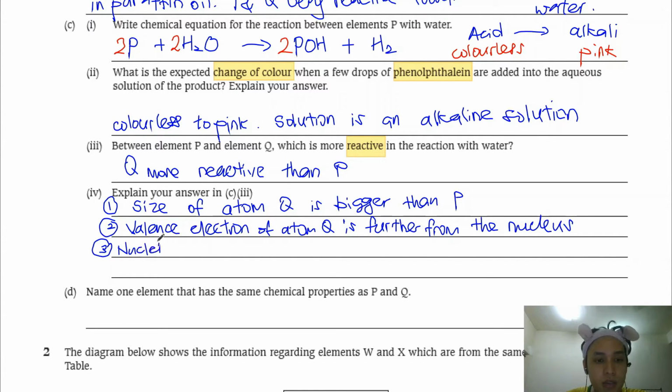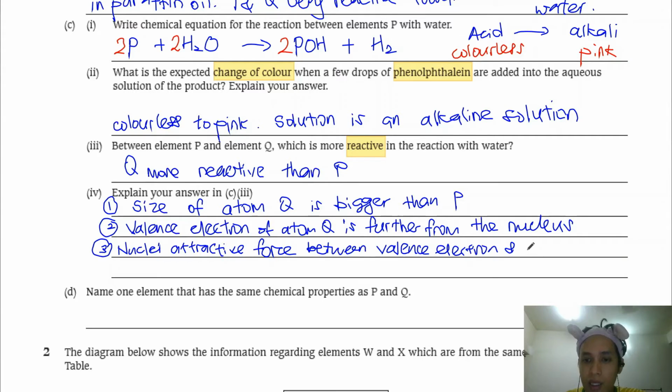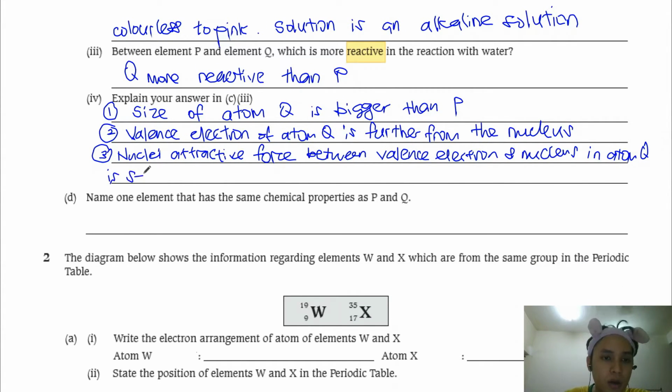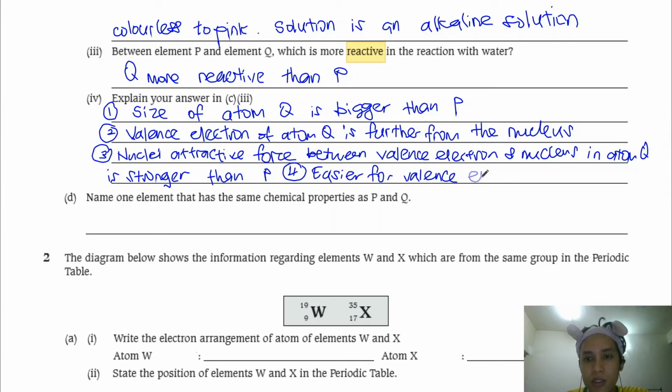I like to write: nuclear attractive force between valence electron and nucleus in atom Q is stronger than P. Wait, weaker than P. Point number 4, we can say that it is easier for the valence electron of atom Q to be released.